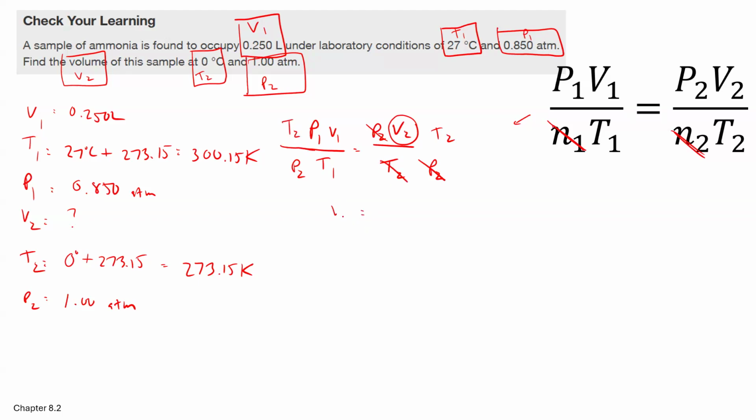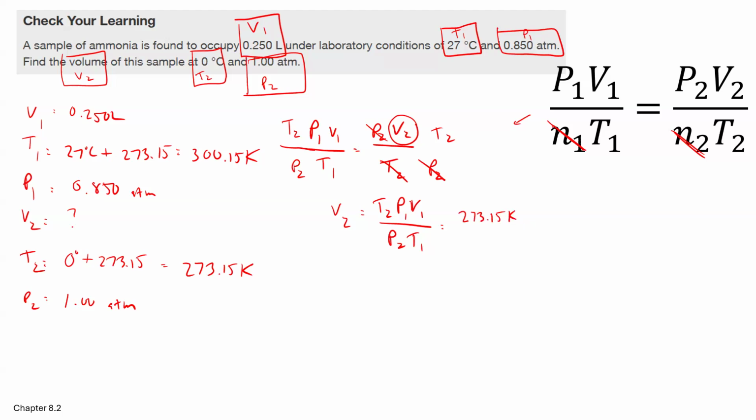So I'm just going to flip this equation around. It's going to be T2 P1 V1 over P2 T1. These variables are easy to interchange and get messed up. That's where you're going to find a lot of these problems. So let's try to avoid that. And I'll probably make some mistakes, but hopefully we can catch those.